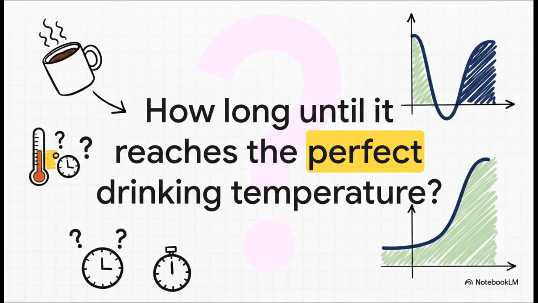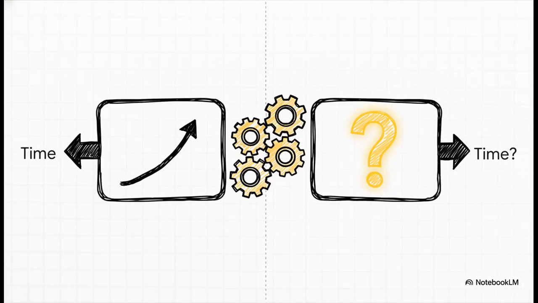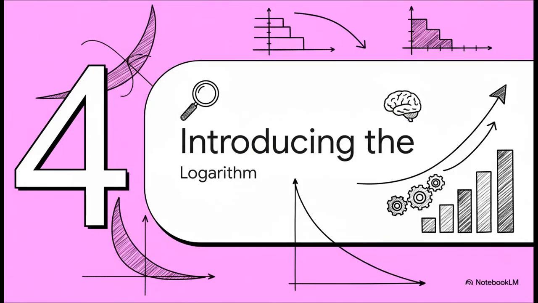See, we're not solving for the temperature anymore. We're trying to solve for the time. And to answer that how long question, we need a way to work backwards, to undo what the exponential function did. We need its mathematical partner. We need its inverse. And that partner, that powerful tool for working backwards, has a name you've almost definitely heard before. It's time to introduce the logarithm.